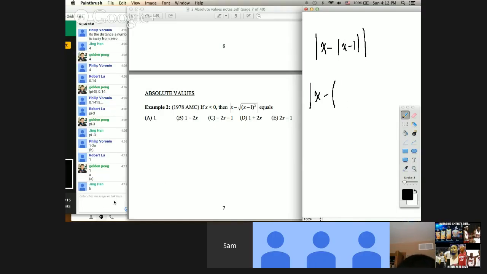Yeah, the correct answer is B. Nice. So it says if x is less than 0, then something negative minus 1 is still going to be negative. So when you take the absolute value of it, we have to turn this into negative parentheses x minus 1.